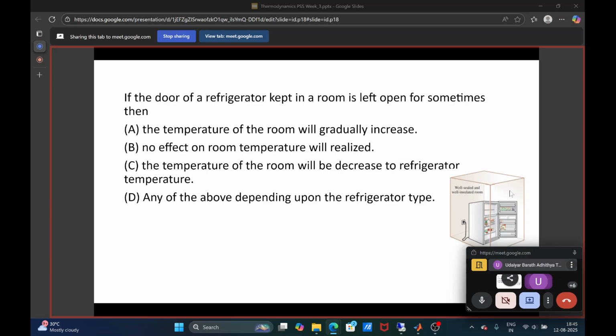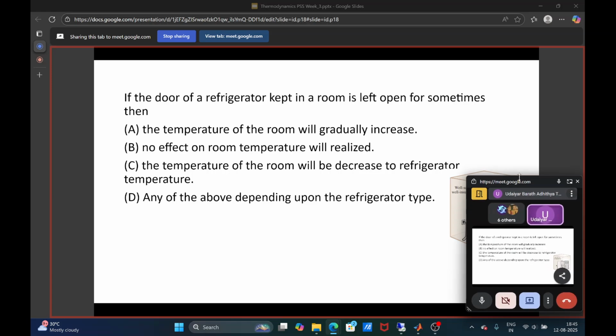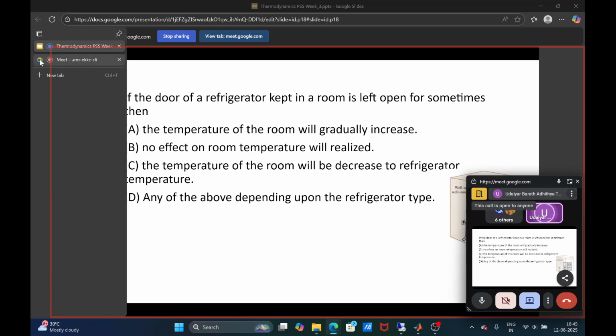Same case, instead of a fan you now have a refrigerator, and you have left the door open. The options: the temperature of the room will gradually increase; no effect on room temperature; the temperature of the room will decrease to refrigerator temperature; or any of the above depending upon the refrigerator type. So what do you think will happen?